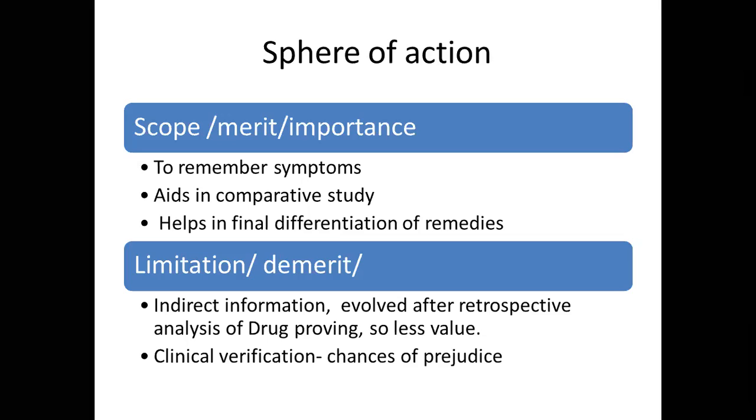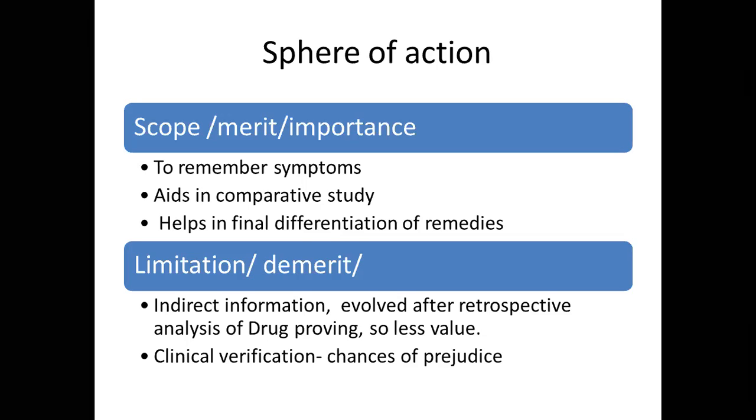But if we study the main organ which is affected in this case, it is the gastrointestinal tract. And if we study the important sphere of action of these remedies, we have just now seen Bryonia acts on the serous membrane, Ruta acts on the tendons, Rhus tox acts on the joints, while Aloes and Podophyllum act on the GIT.